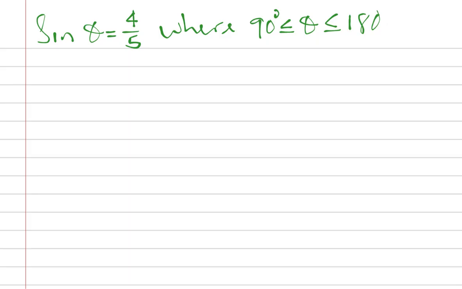Then the question says find cos theta and tan theta. Are you seeing that? And tan theta. Then the other three values. We want to find the other three values.